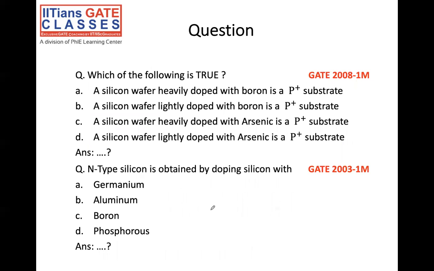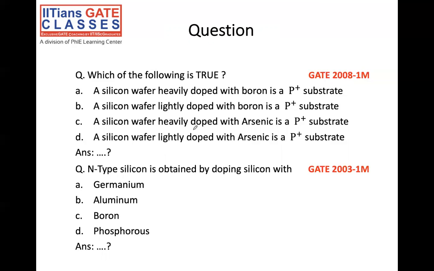If it is doped with boron, which is an acceptor, and it is heavily doped, then it will make P plus definitely. So A is the correct answer.